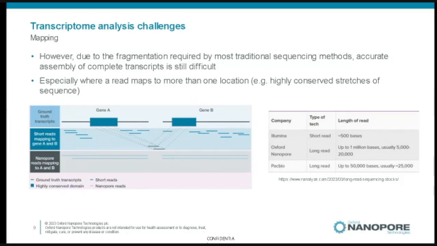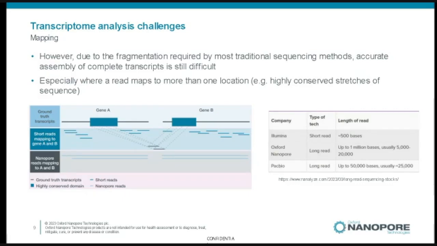For example, if the sequence belongs to a highly conserved domain, this domain may appear in gene A as well as gene B. So when we're doing short read sequencing, these 500 bases might be shared between gene A and gene B. Therefore, in the end, we are unable to map the short reads to the site.